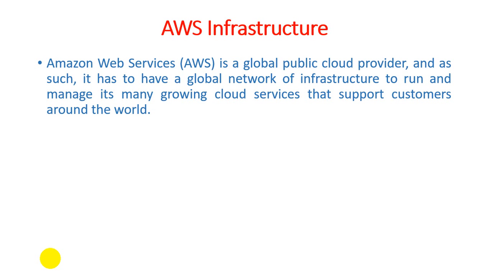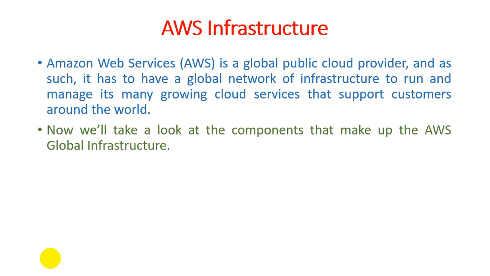It is a global public cloud provider, running and managing its many growing cloud services that support customers around the world, because they are currently available in 190 countries. Now we will take a look at the components that make up the AWS Global Infrastructure.